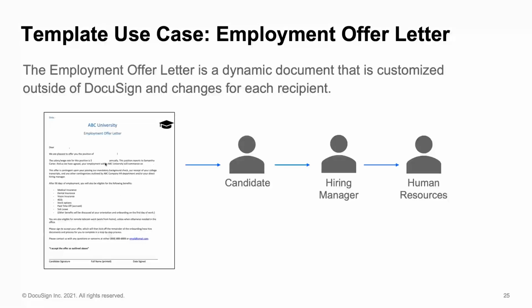Then when we're going to send a specific offer, we could plug in the details of the offer in a document outside of DocuSign, load that customized offer letter document into an envelope, and apply our offer letter template. So that way our customized document will be added in place of this placeholder document, but the structure and the workflow of the template remains intact.